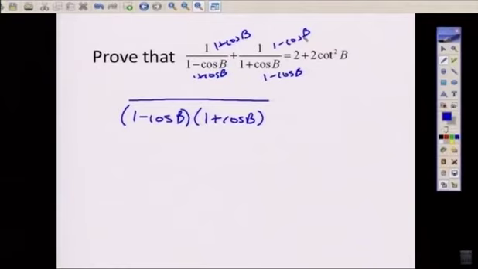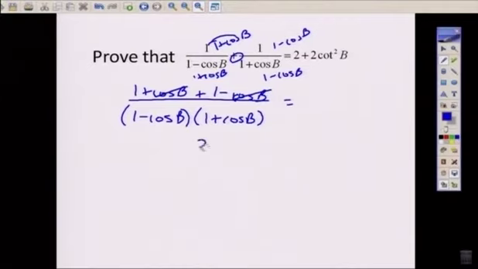So there's my common denominator. On top, the 1 times is 1 plus cosine b still, and then plus, the 1 times the 1 minus cosine b is still 1 minus cosine b. So simplifying the numerator, the plus cosine b minus cosine b cancel.